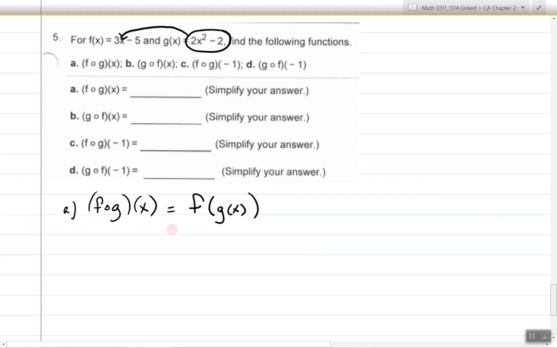That means I get 3 parentheses 2x squared minus 2, close, minus 5. So you can see the outline, 3 times something minus 5. But what goes in the place of x? The g function. Distributive property, that's 6x squared minus 6 minus 5, which is 6x squared minus 11.